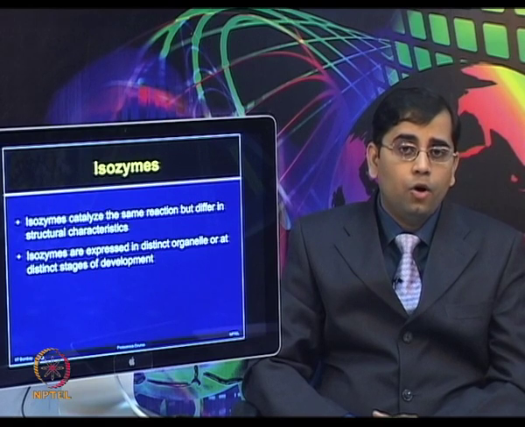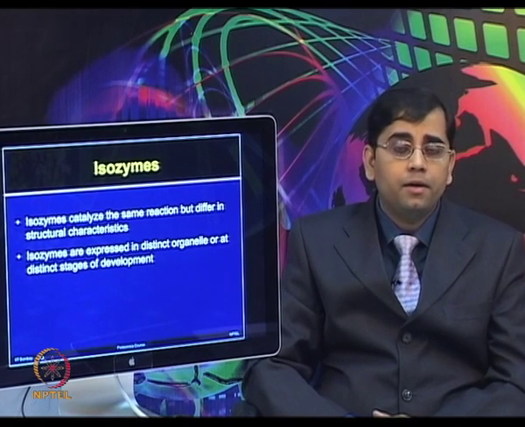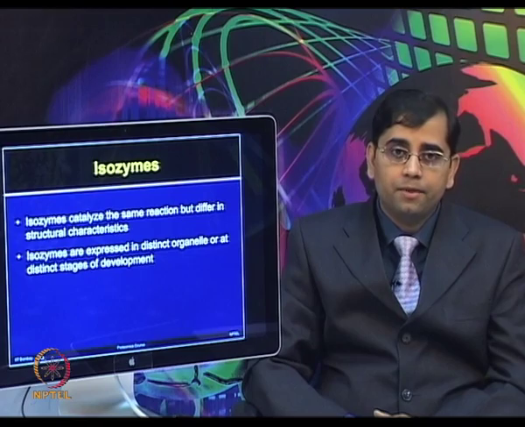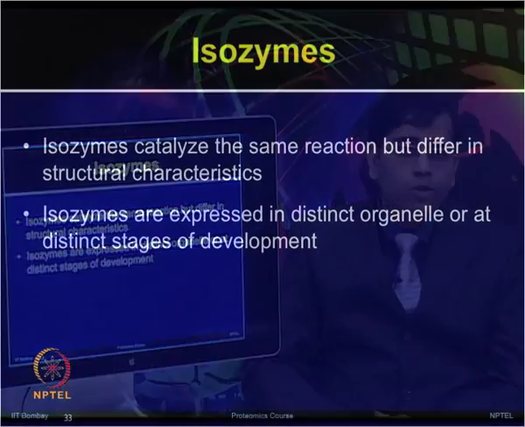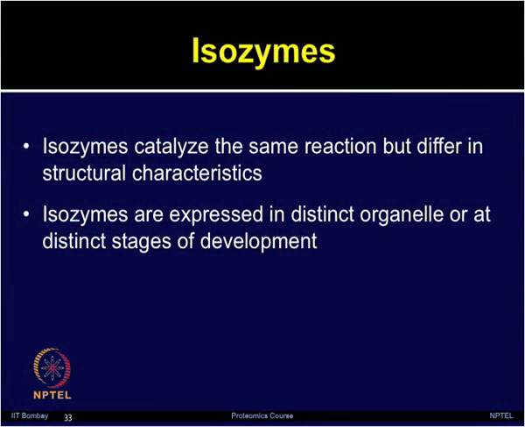Isozymes or isoenzymes are multiple forms of enzymes. The isozymes catalyze the same reaction, but differ in structural characteristics. Isozymes vary the regulation of the same reaction at distinct locations. They differ in Km value, Vmax and regulatory properties.